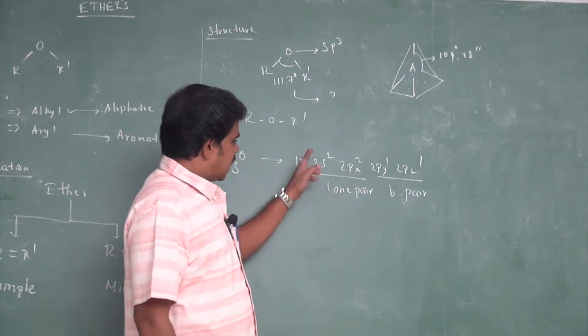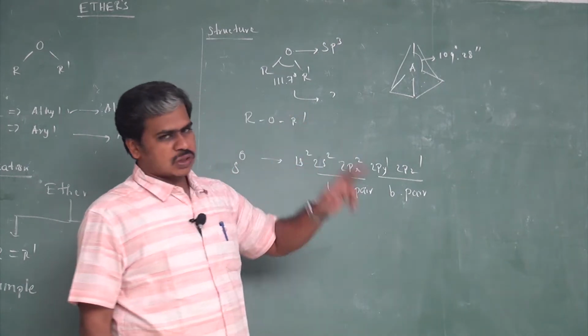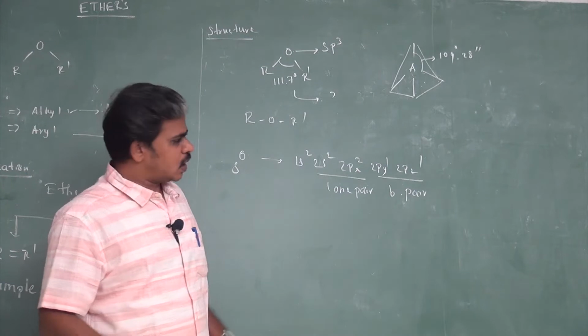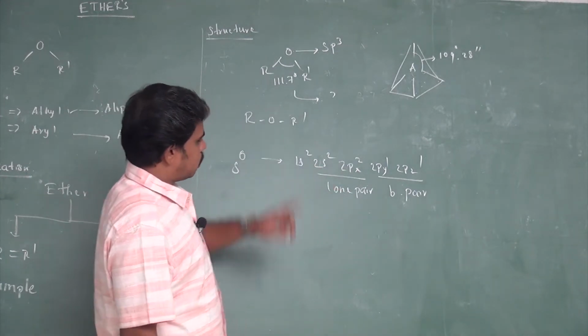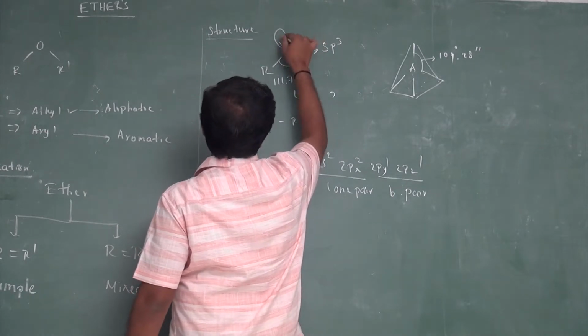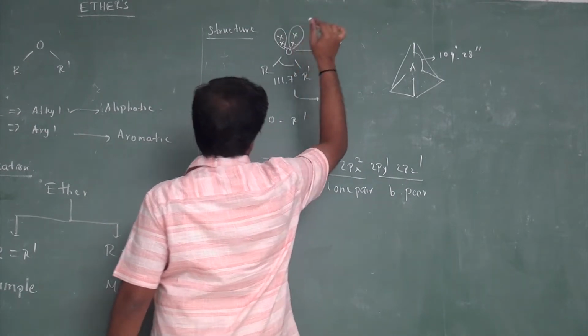A lone pair is present in the outermost orbital and is not involved in making a bond. So here there are two lone pairs.